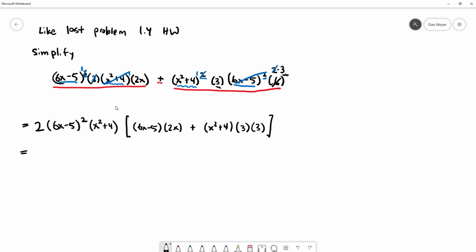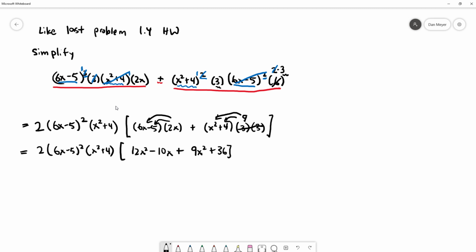We can go ahead now and simplify inside the brackets. So I have 2 times (6x minus 5) squared times (x squared plus 4) times, when I distribute the 2x through, 12x squared minus 10x. And then in the second expression, 3 times 3 is 9, and then distributing that through, I have 9x squared plus 36.